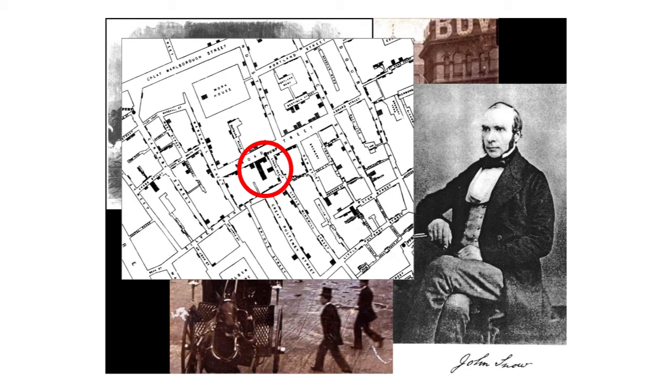He convinced the people in London to remove the handle of the pump, and then the cholera epidemic decreased. This is one nice success story where a visualization helped to show the dependencies of different hypotheses, different ideas. You can't prove it with visualization, but you can find hypotheses about what the correlations are.